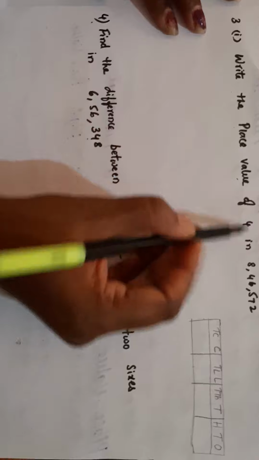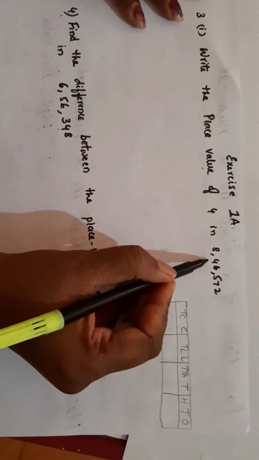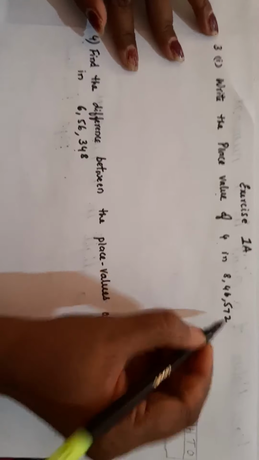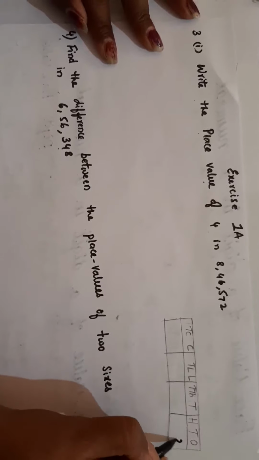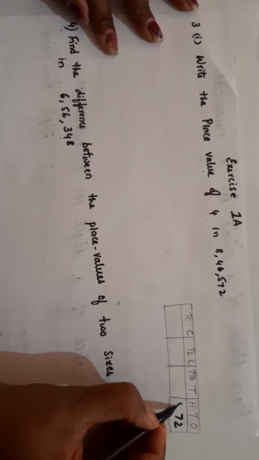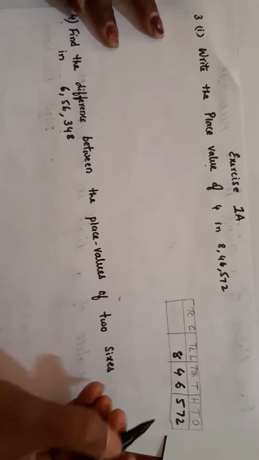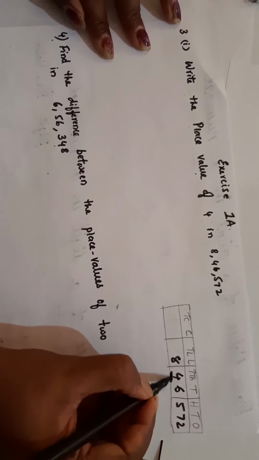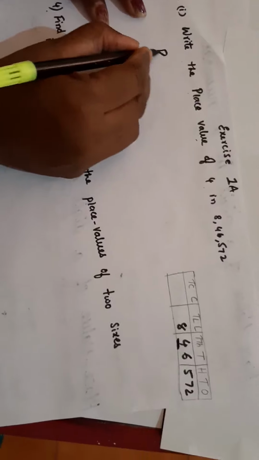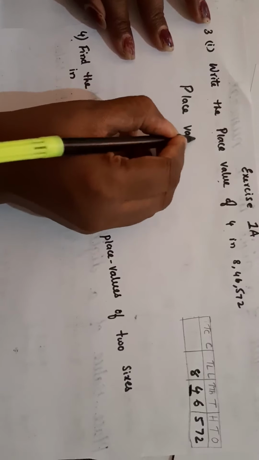Write the place value of 4 in 8,46,572. Now we are writing 7, 5, 6, 4, 8. They are asking the place value of 4. So what is the formula of place value?